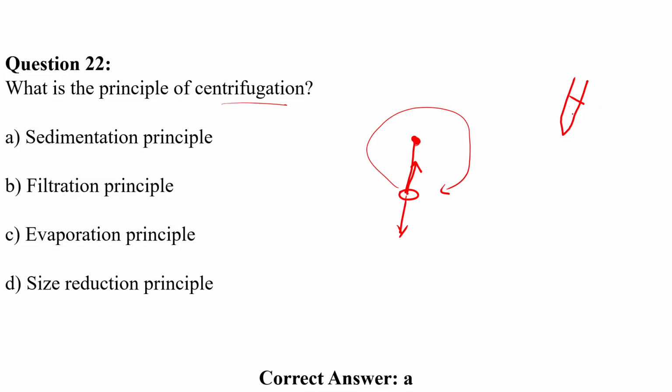Now if we have two components, component 1 and component 2, and component 1 is heavier than component 2, what will happen? The centrifugal force will force component 1 to settle down first. So when we centrifuge, we will get the pellet of component 1 and we will get the supernatant which will have component 2.